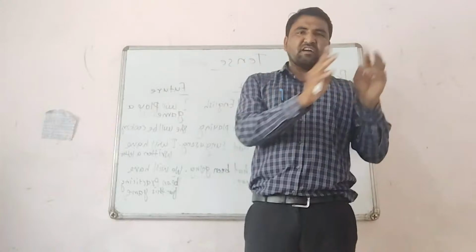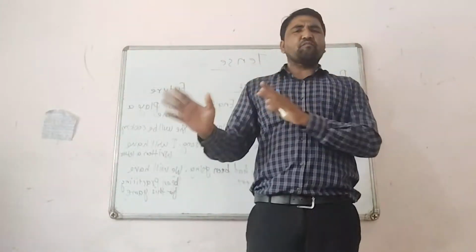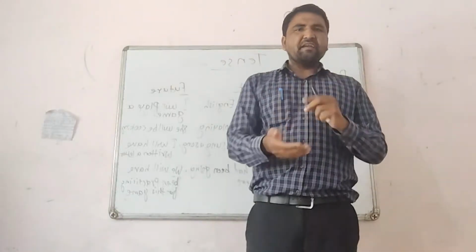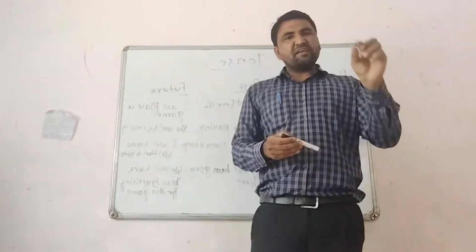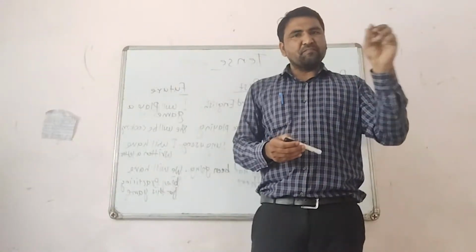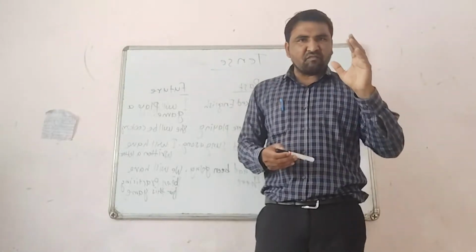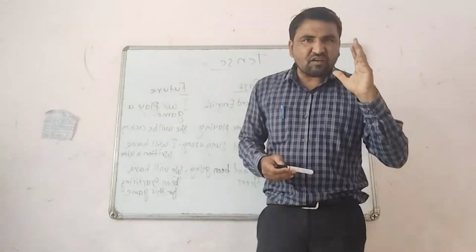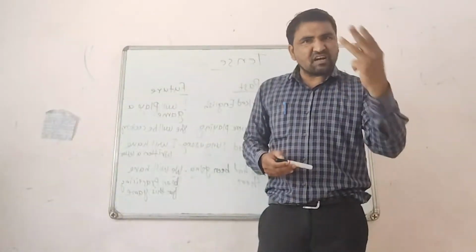That verb should be in the third form. In any kind of perfect tense, it can be present perfect, past perfect, or future perfect, but the action must be completed in a particular tense. The verb must be the third form, which is nothing but the past participle of the verb.